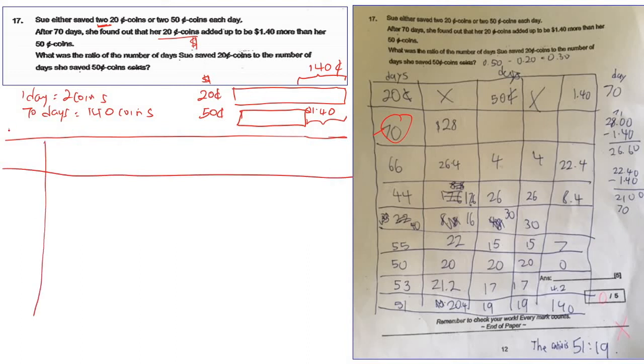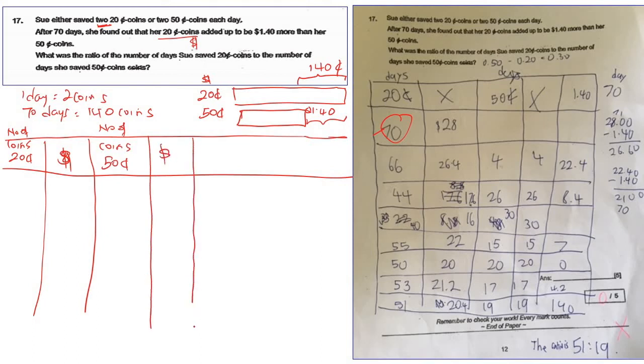Here is the number of coins for 20 cent, and then here is the value. Here is the number of coins for 50 cent, and then here is the value.